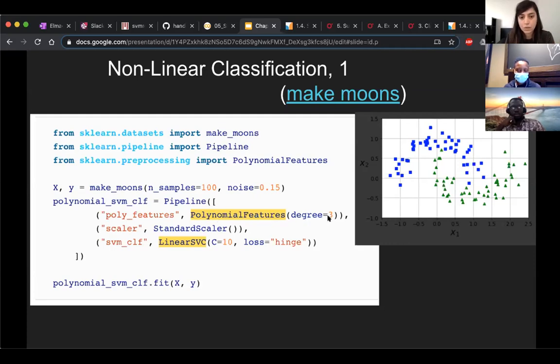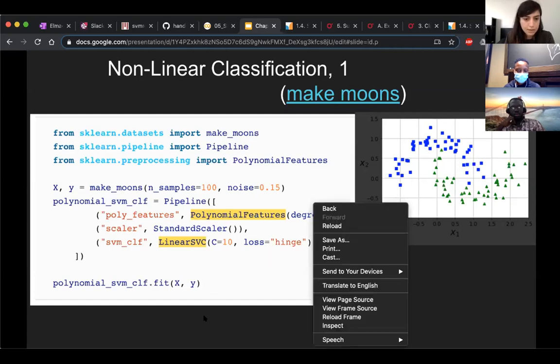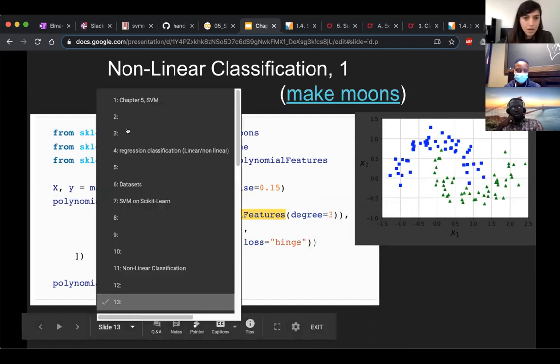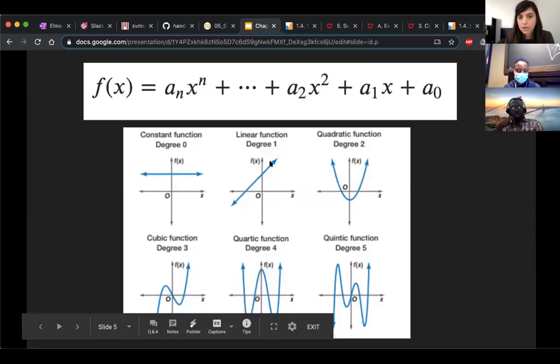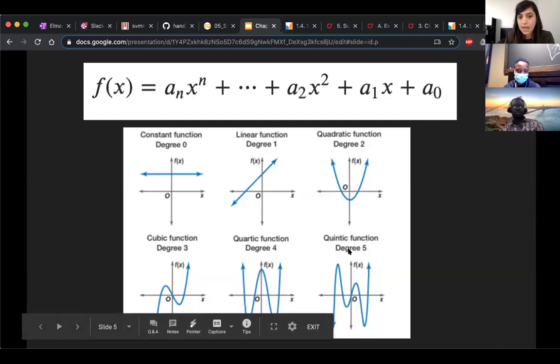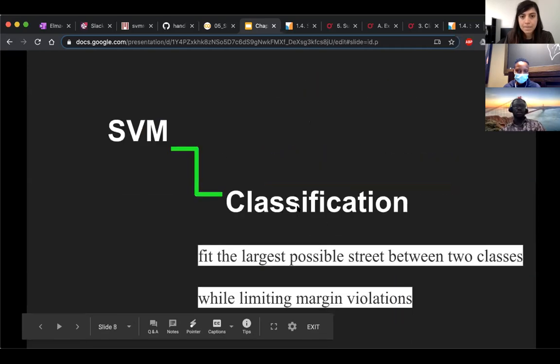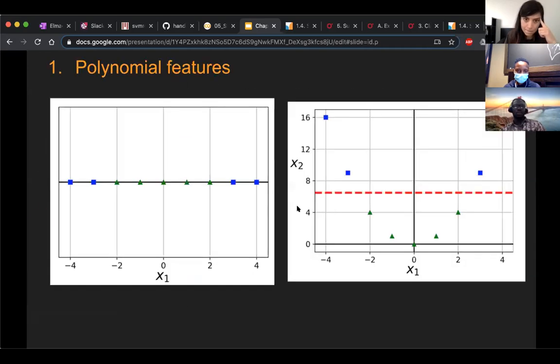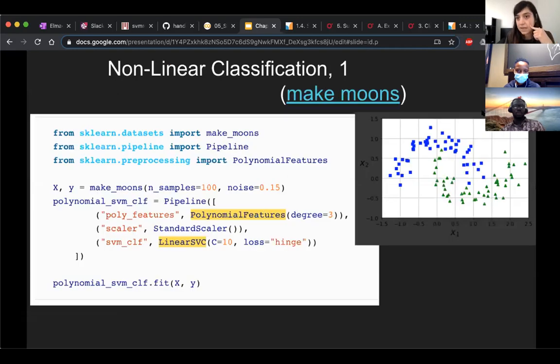Remember, I showed you on this one, this was degree 1, this is degree 2, and this is degree 3. It kind of makes sense, because if I fit a cubic function over here, it can separate these classes for me. So that's why he's using a degree of 3.